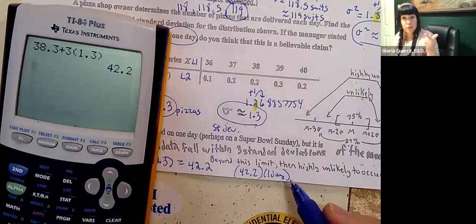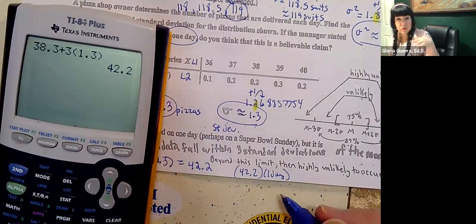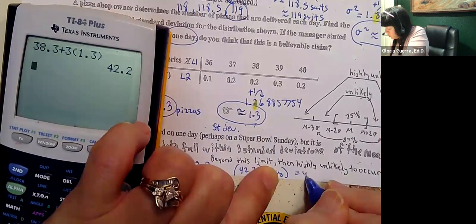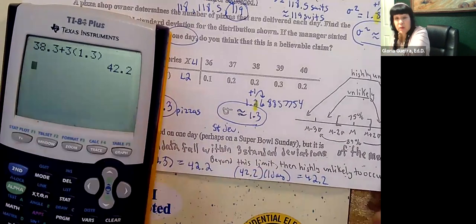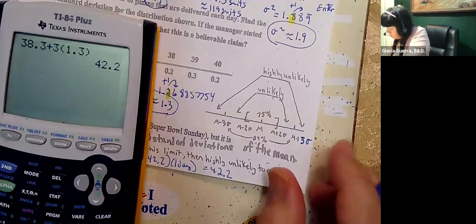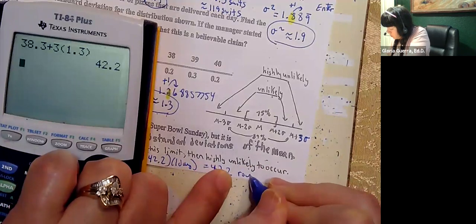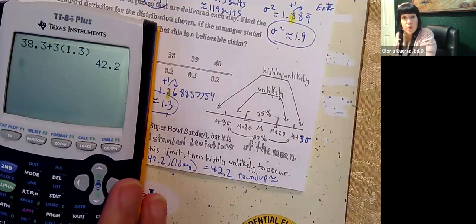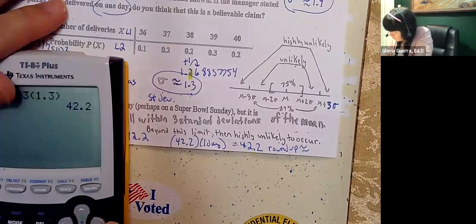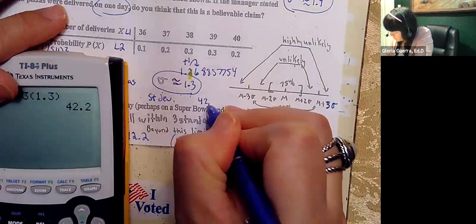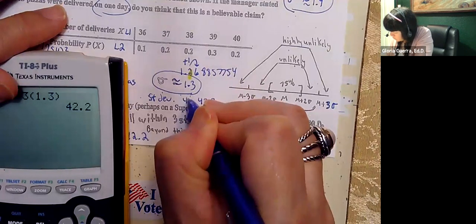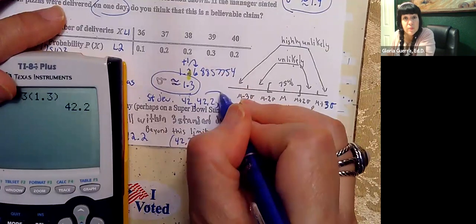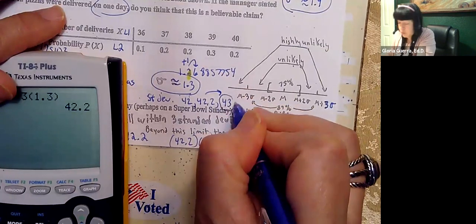Earlier in the suit problem it was 5 days. This is just 1 day. That gives you 42.2. But remember, you have to round up. So when you round up, 42.2 is between 42 and 43 pizzas. So you see when you round up, it's about 43 pizzas.